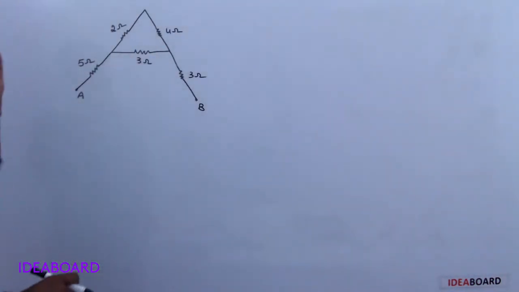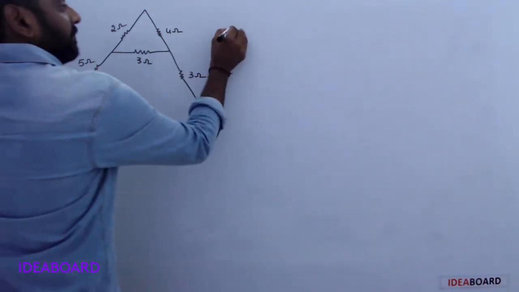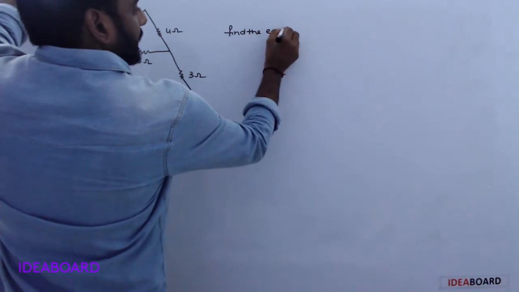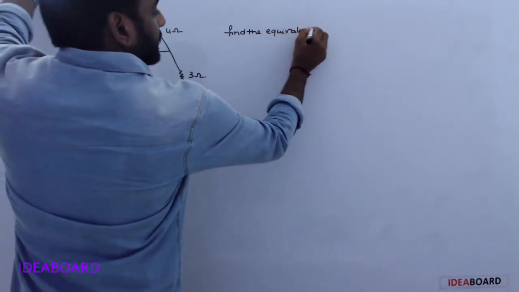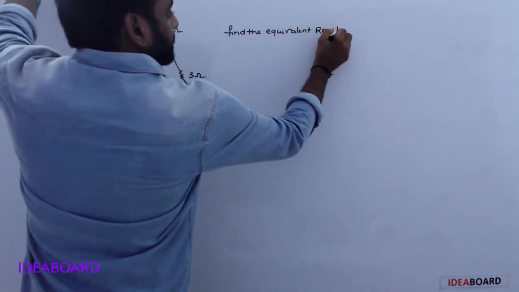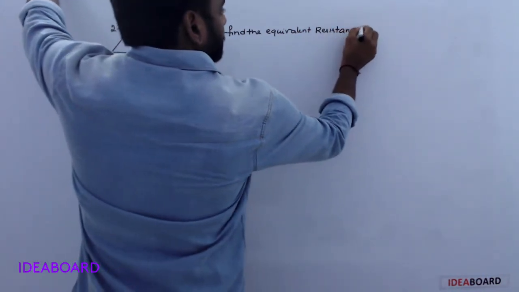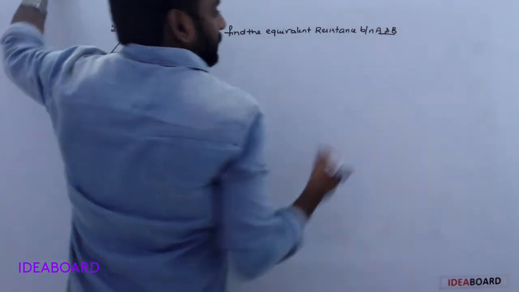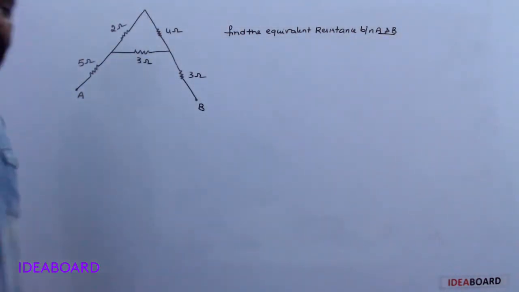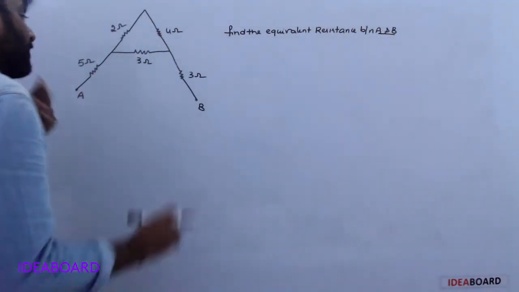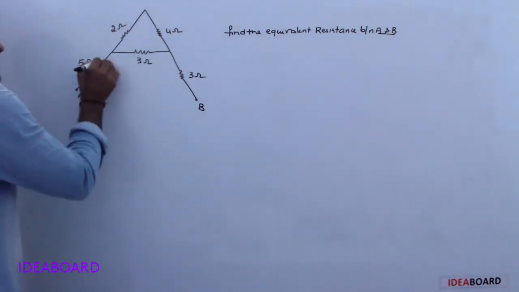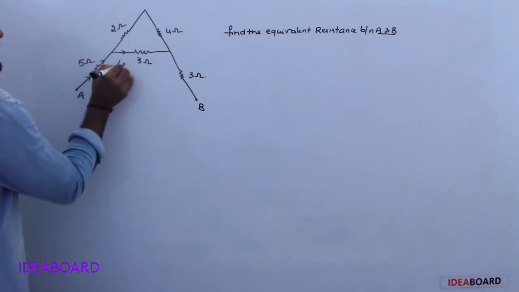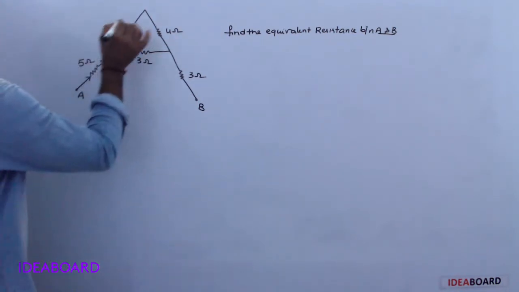Now another circuit. Find the equivalent resistance between A and B. See, the passing current is I. Here it is split into I2 and I1.